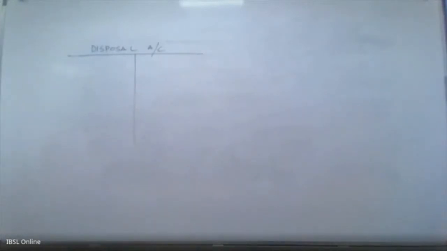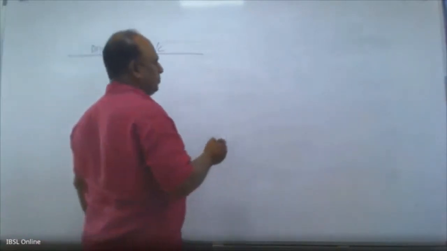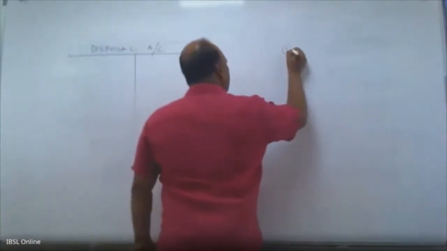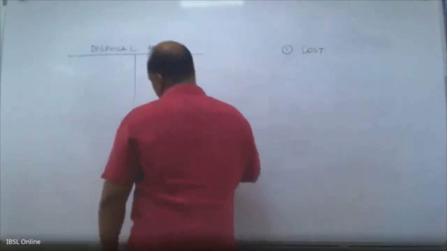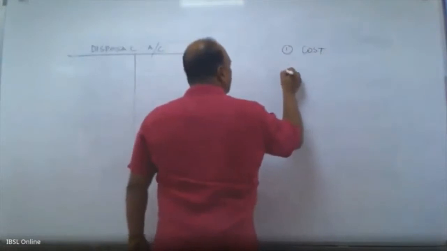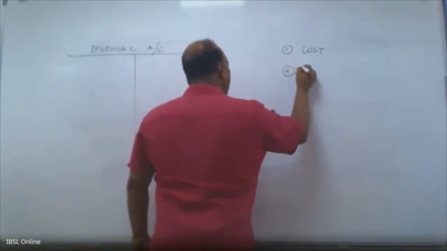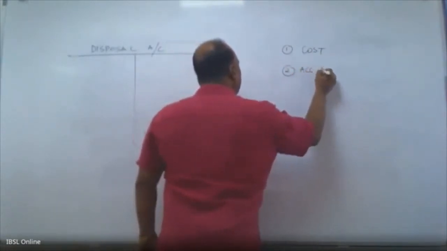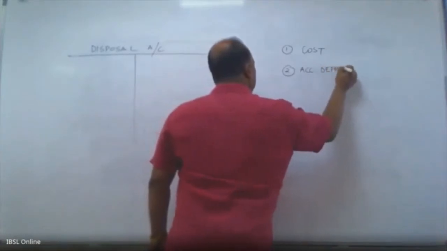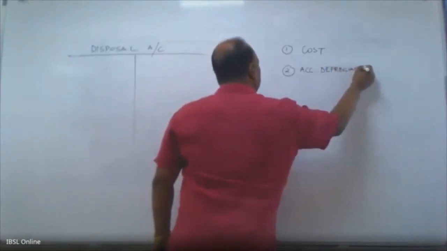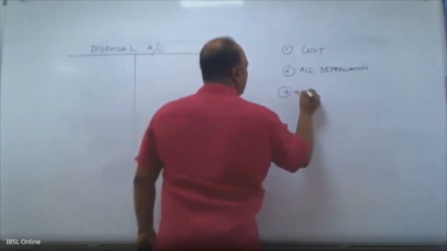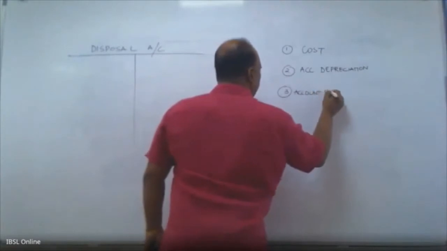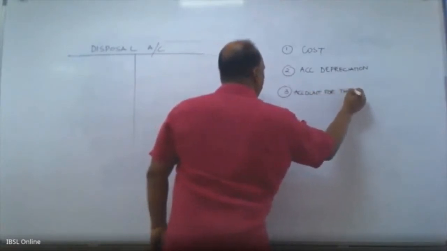Okay. So when you are doing a disposal, there are 3 steps basically. One is you have to reverse the cost. Number 2, you have to reverse the accumulated depreciation. Number 3, account for the sale proceeds.